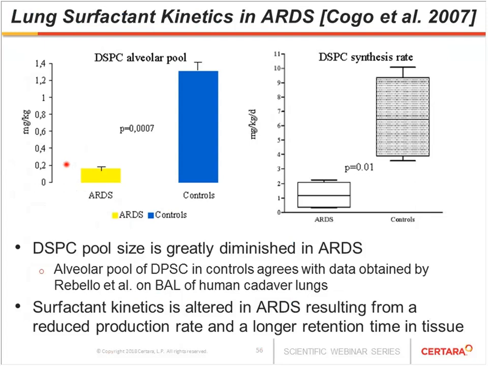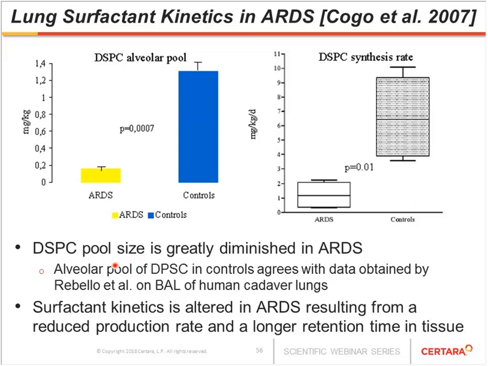surfactant had been measured in cadavers, and in a publication from Revello et al., they could compare the differences between the actual measurements, direct measurements of surfactant in the lungs of cadavers versus that obtained through tracer kinetics, and they observed that they were highly compatible, thereby giving further evidence that the estimates of the pool size were actually relevant in that sense.